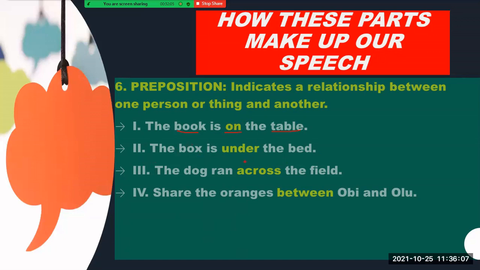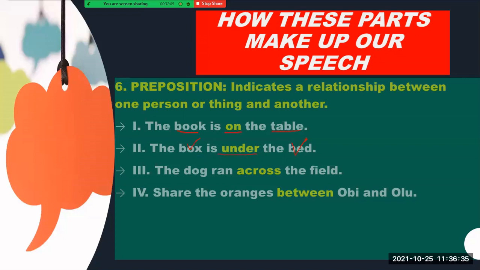Example, the box is under the bed. Under is a preposition showing us the relationship between the box and the bed. You find two things in the same location, the box and the bed, and you can use prepositions to give someone direction on how to find something they are looking for.